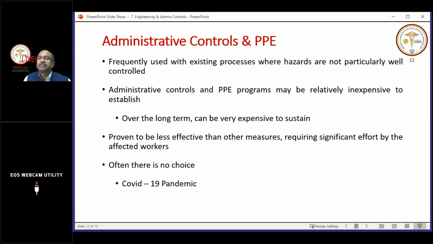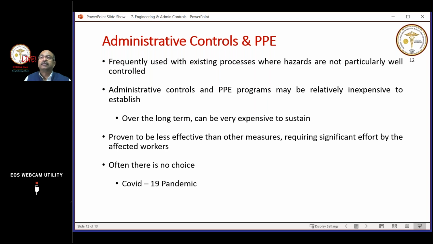And this is administrative controls. These are frequently used with existing processes where hazards are not particularly well controlled. Administrative controls and personal protective equipment programs may be relatively inexpensive to establish, but over the long term can be very expensive to sustain.